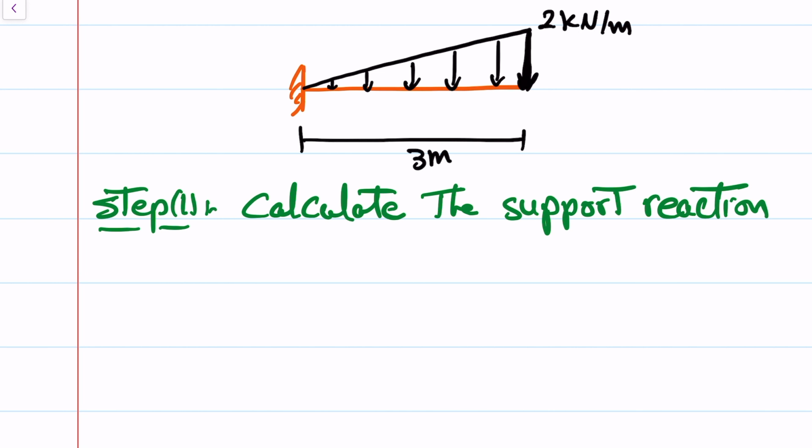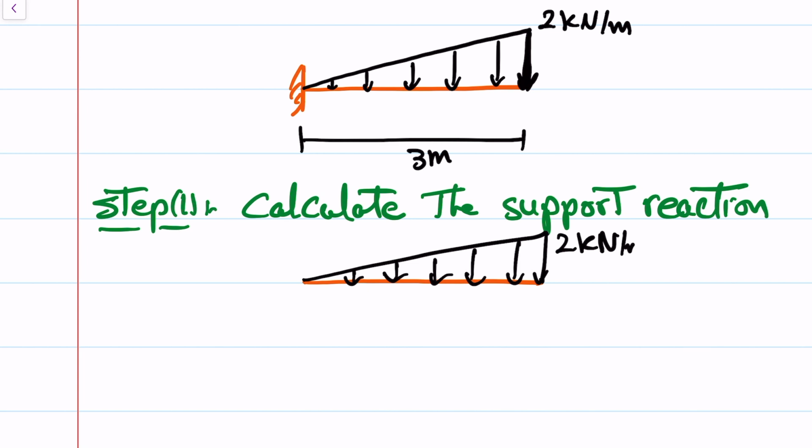And in this case, we have a fixed beam, a fixed support with this distributed load. 2 kilonewton per meter, 3 meters.